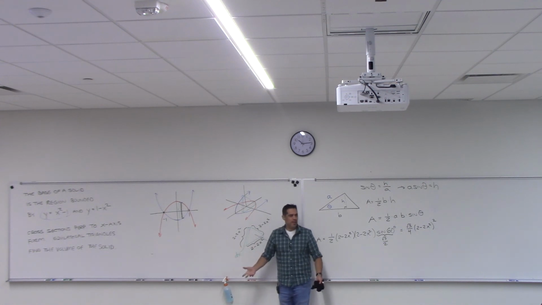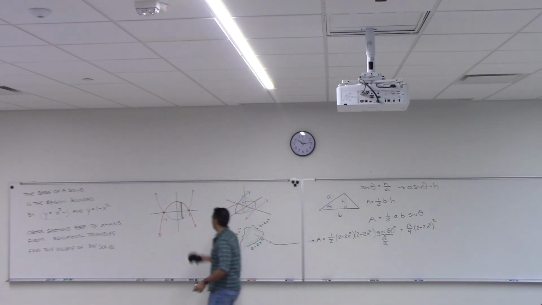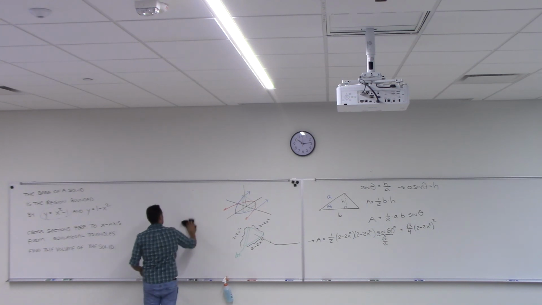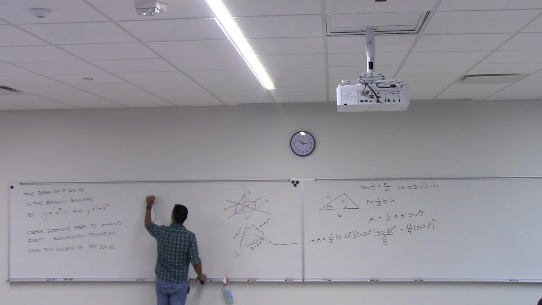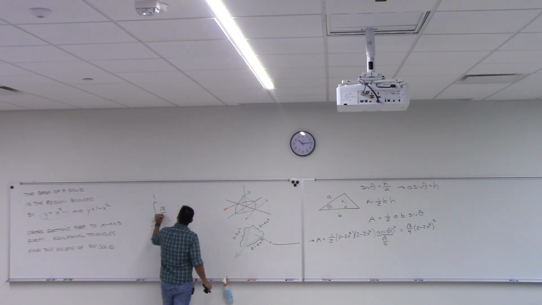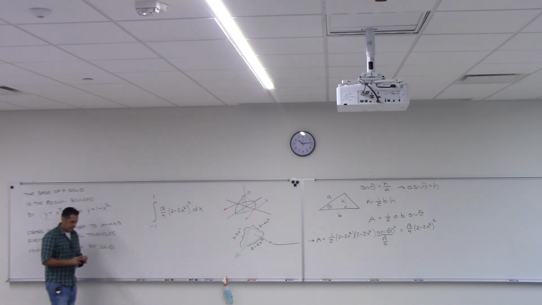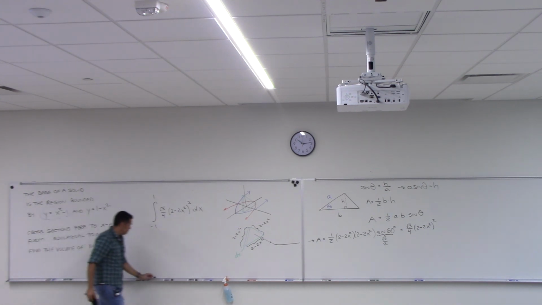So I'm going to use the integral. I'm going to add them all up. I'm just about done here. The volume of this solid is going to be the integral from -1 to 1 of root 3 over 4 times 2 minus 2x squared, that quantity squared, times the thickness dx. Whatever that number is.